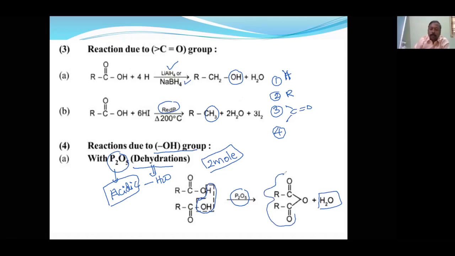This is what I told you in the very first or second lecture. They are all called derivatives of carboxylic acid, and its name is acidic anhydride. So this is about the reactions involving the OH group.